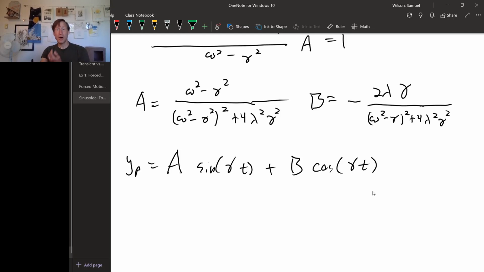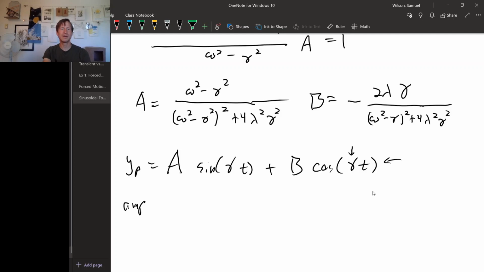Okay, now one of the main questions that we had about resonance was what is the amplitude of this steady state? So remember, this is the steady state solution. And the most interesting thing about resonance is that for some choices of gamma, the amplitude of your steady state is much, much larger than the amplitude of the forcing. So let's actually figure out the amplitude of this.